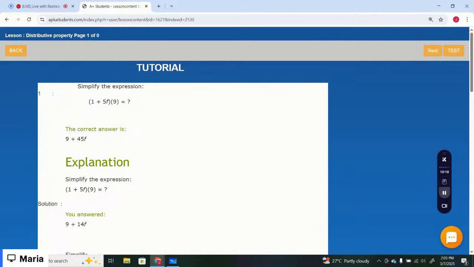Simplify the expression 1 plus 5f times 9. So 9 is multiplying with the expression that is 1 plus 5f.